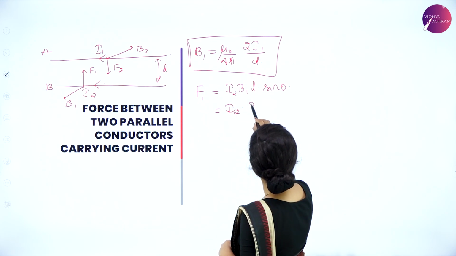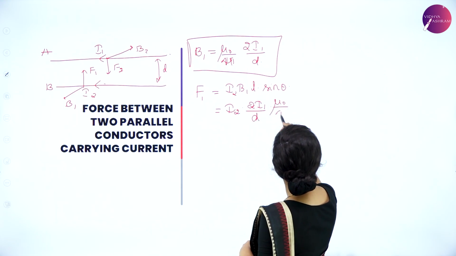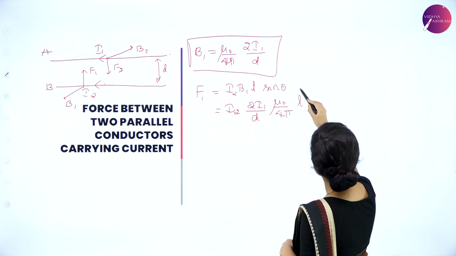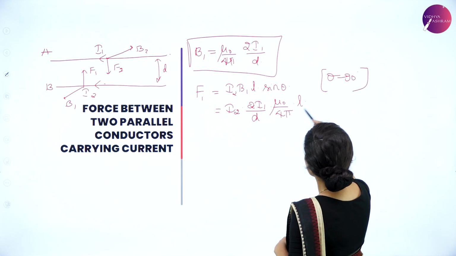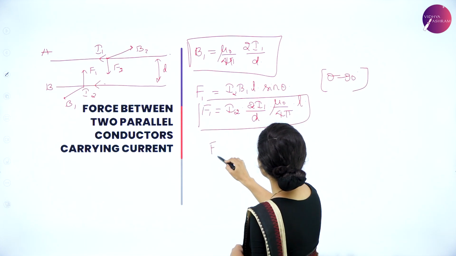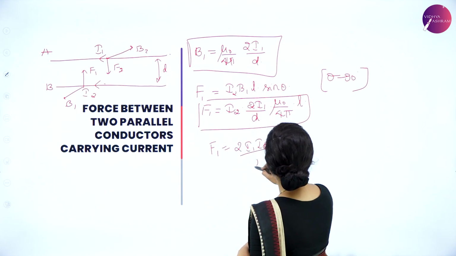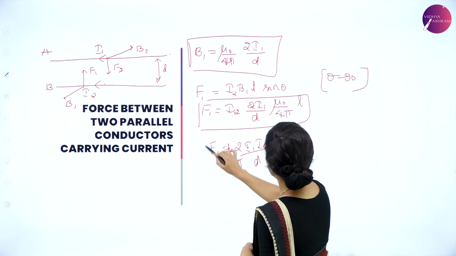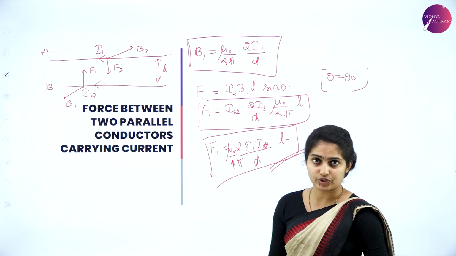So B1 is 2 I1 divided by D times mu naught by 4 pi, with L into sine theta. Since theta is 90 degrees, sine theta is 1, so we can consider it in this manner. So F1 is equal to mu naught by 4 pi times 2 I1 I2 divided by D, and the length L is added over here. So this is the final equation.